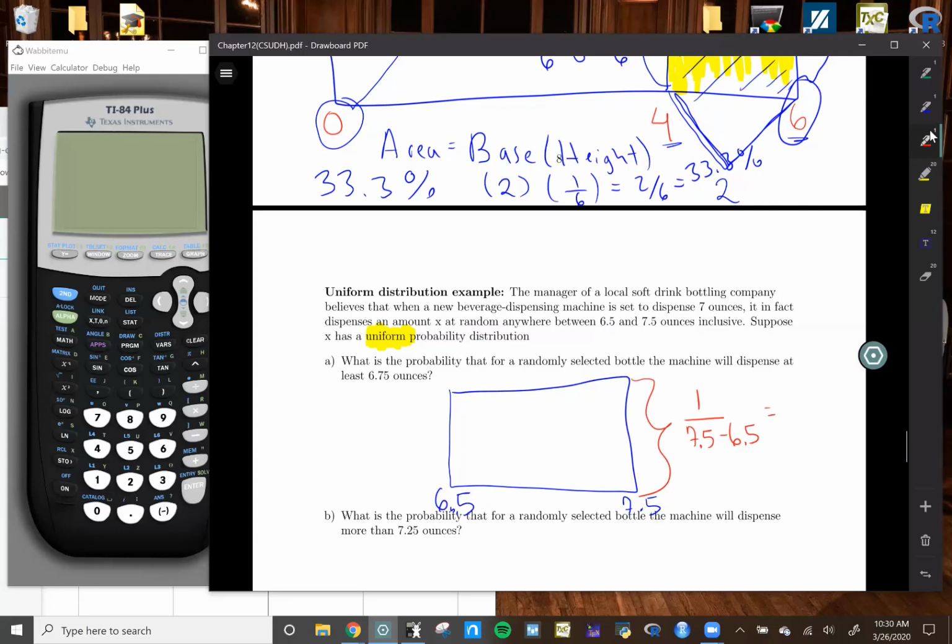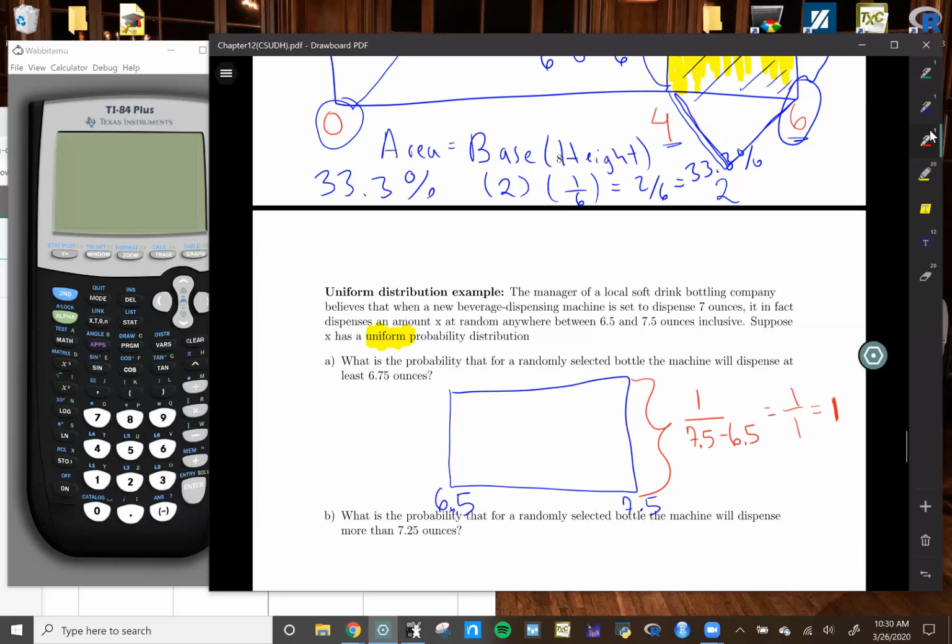So what's 7.5 minus 6.5? 1. There you go. So you get 1 divided by 1. 1 divided by 1 is 1. So that means the height is 1. Any question on how we get the height is 1?